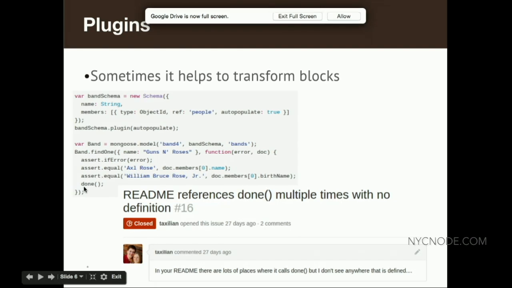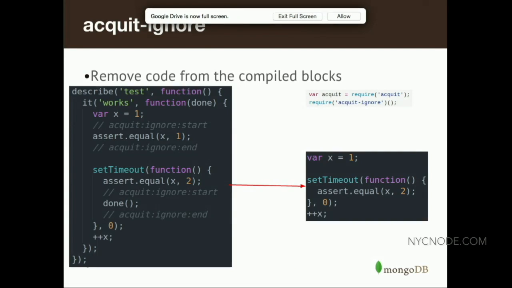As you might guess, if you've used Mocha before, the way you tell Mocha that an asynchronous test is done is you call the done function. So this makes your documentation a little bit tricky to read because you have this function that's not defined anywhere floating around. Being able to transform these blocks before you shove them into documentation is pretty handy.